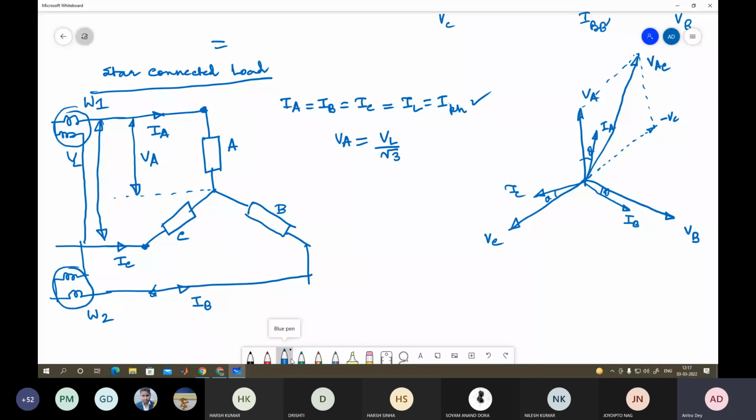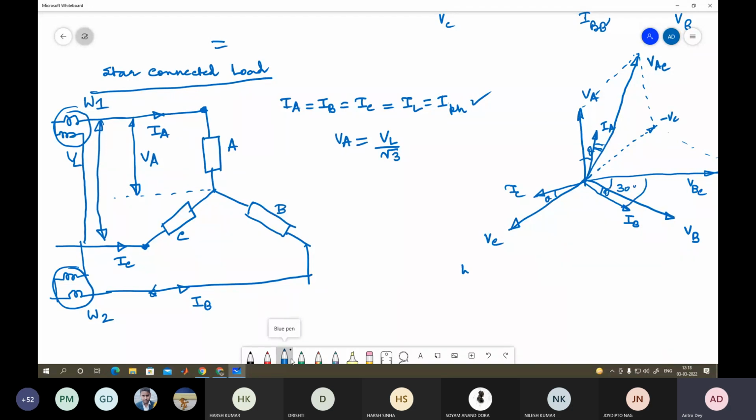So now what is the angle between VAC and IA? This is this much, right? So it is 30 minus theta. And for the other one, VB and VC, if you complete here, this is going to be your VBC, and this is 30. So it is total 30 plus theta.